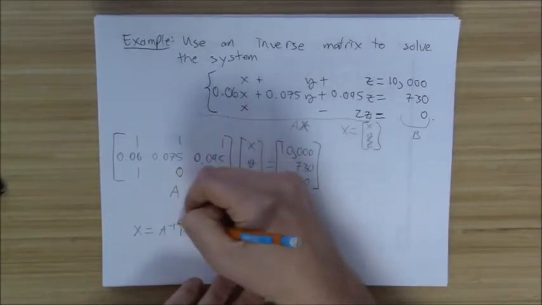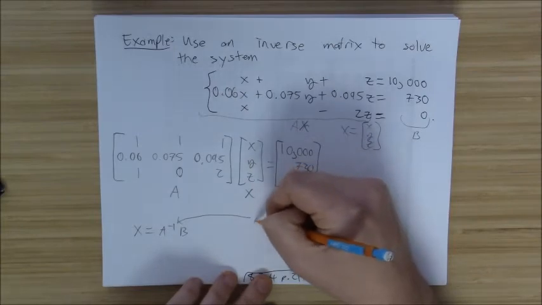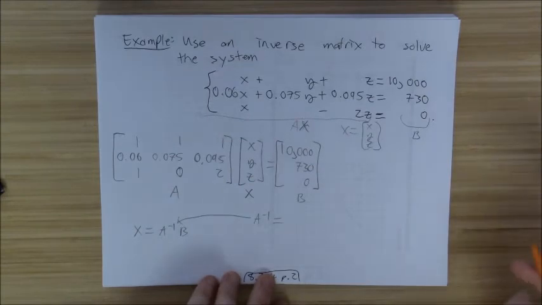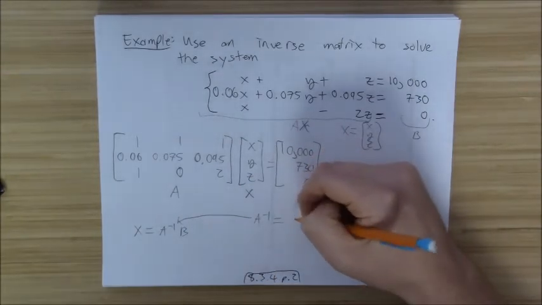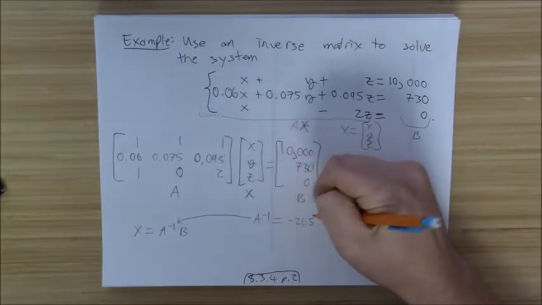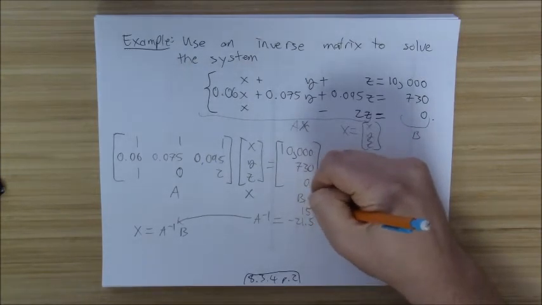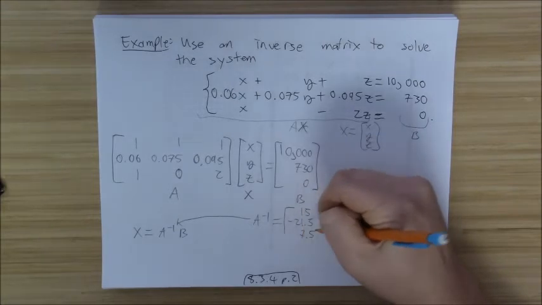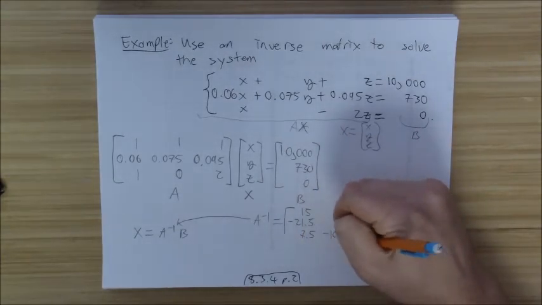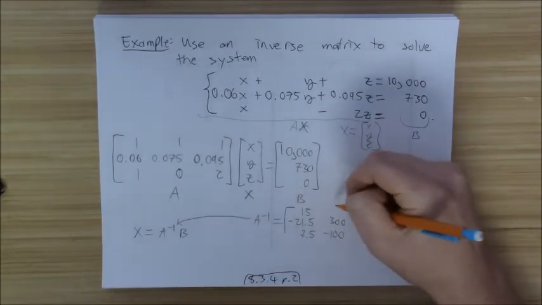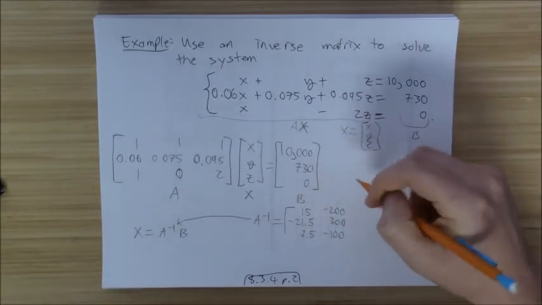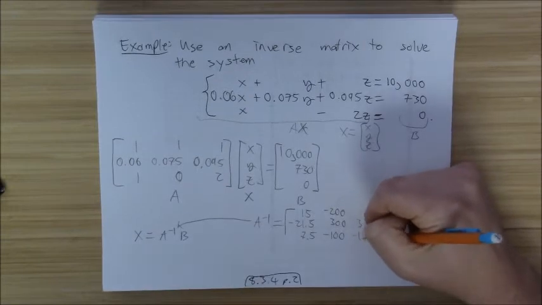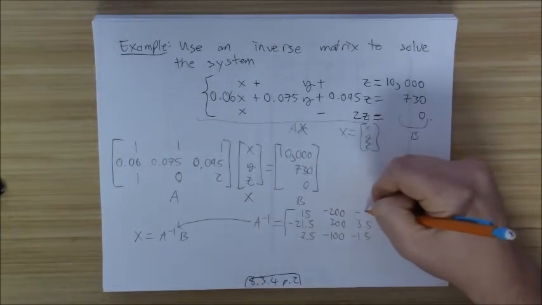Here, A inverse is going to be, and we're not actually calculating it out here, but if you go through and calculate it, you'll end up with negative 21.5 as the middle entry, 15, 7.5, negative 100, 300, negative 200, 3.5, negative 1.5, and negative 2.